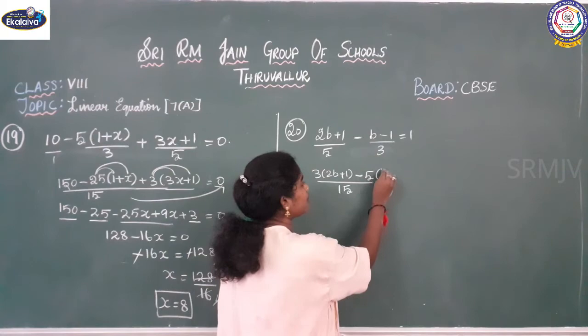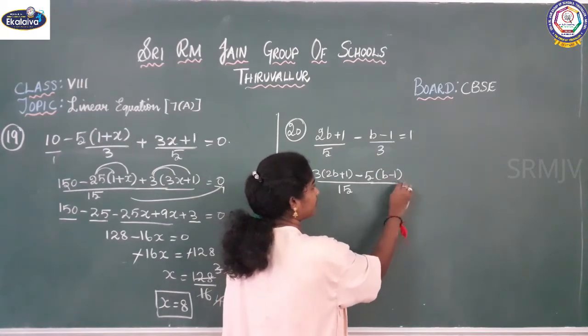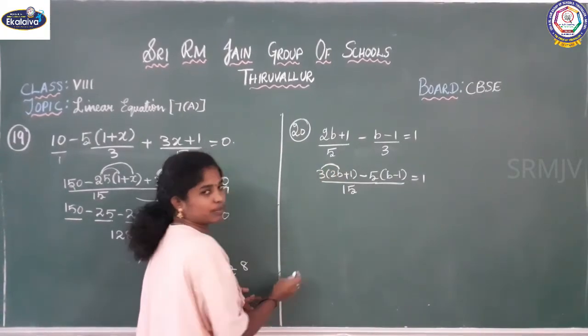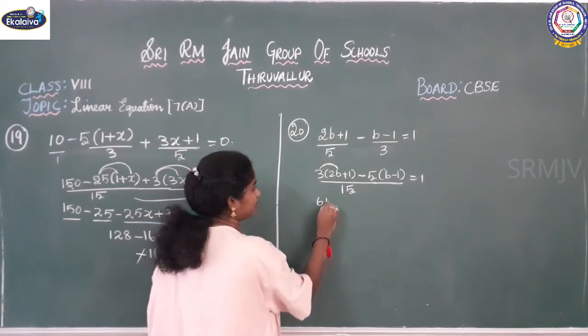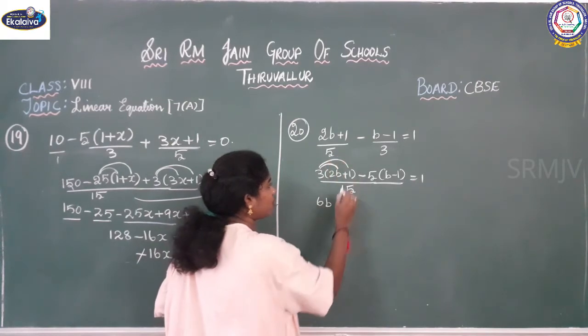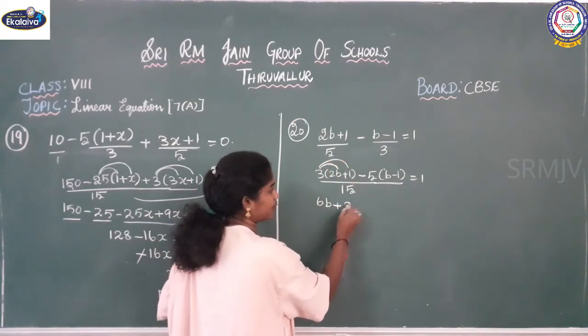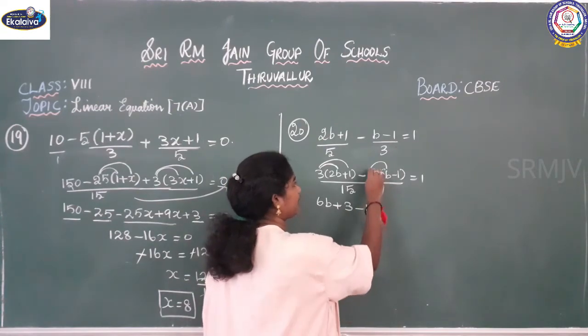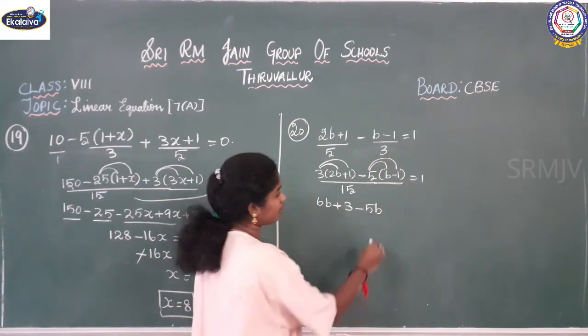So 5 into b minus 1 is equal to 1. Okay, so now you see 3 into 2b, what you will get? 6b. 3 into 1 plus 3 minus 5 into b minus 5b. Minus 5 into minus 1 plus 5.